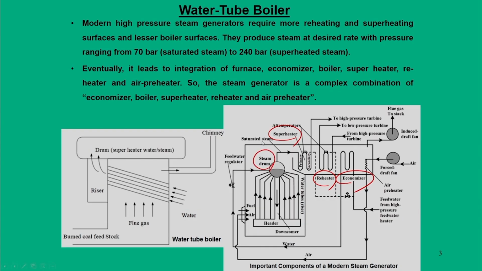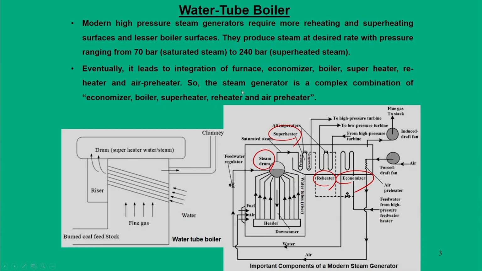In general, modern steam generators produce very high pressure. Modern steam power systems operate in the pressure range of 70 bar for saturated steam and 240 bar for superheated steam.